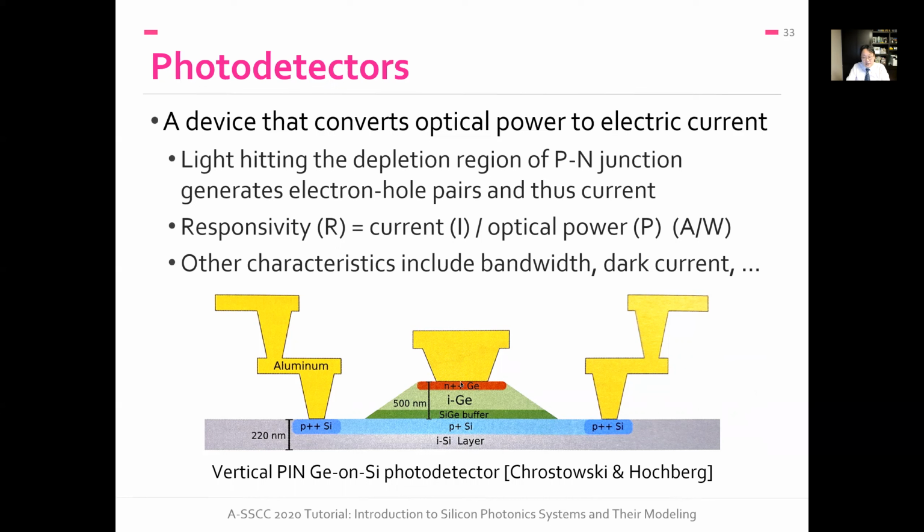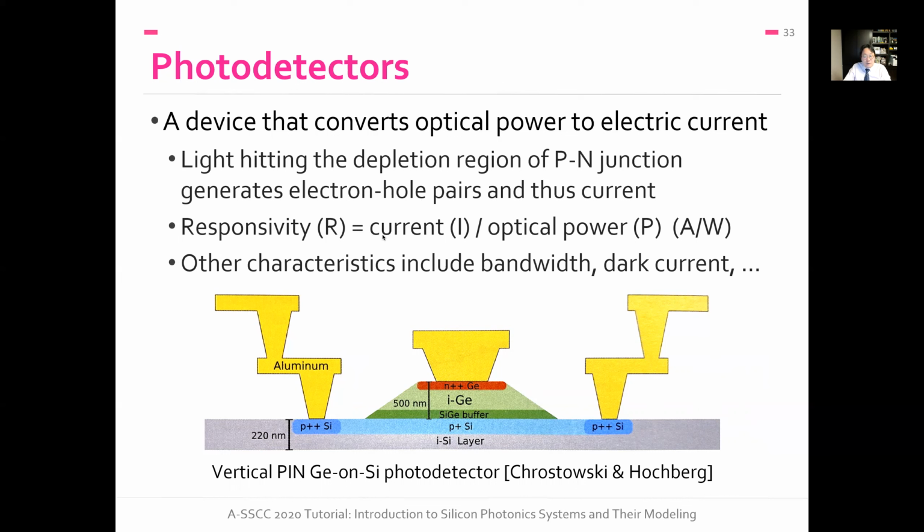You put the PN junction in reverse bias, and at the interface of the PN junction you get an area called the depletion region, where you have very few electrons and holes. You use that because when the light hits that region, it will generate electron-hole pairs, and that will generate current.